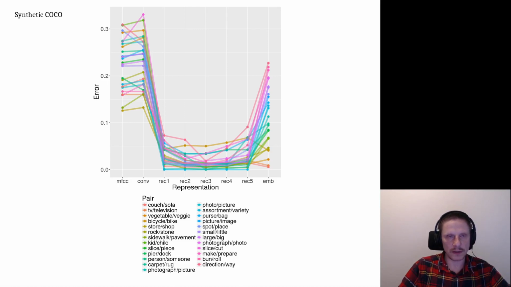So let's look at the results in this chart. In this particular case, we have again the different components of the model on the horizontal axis.